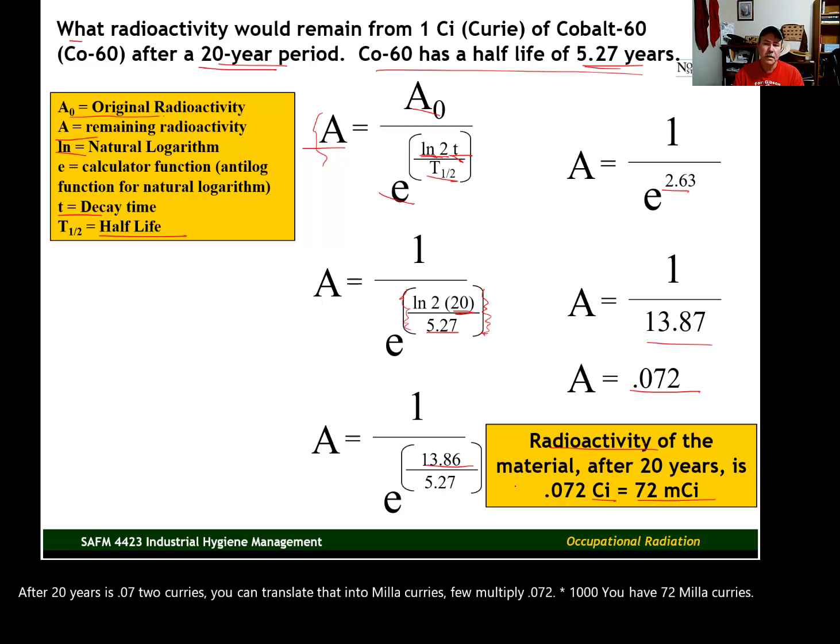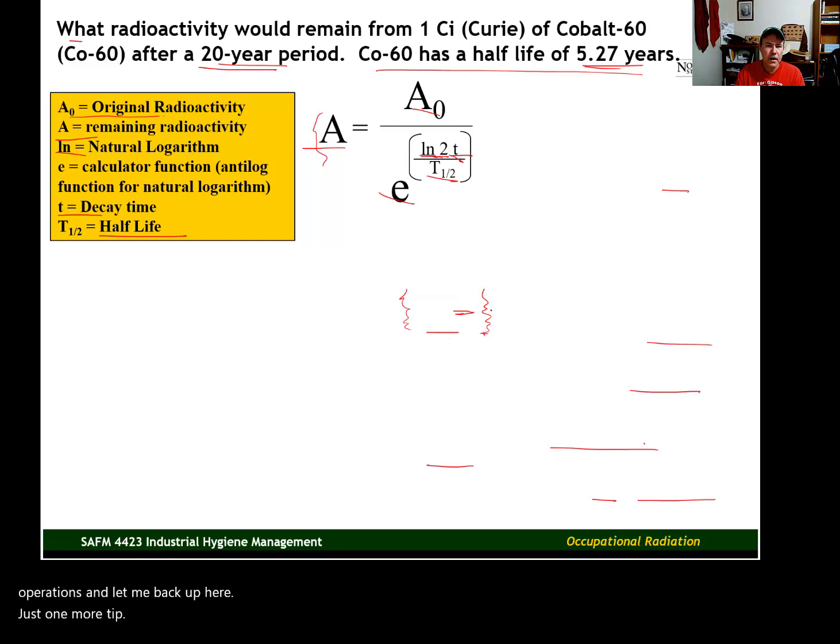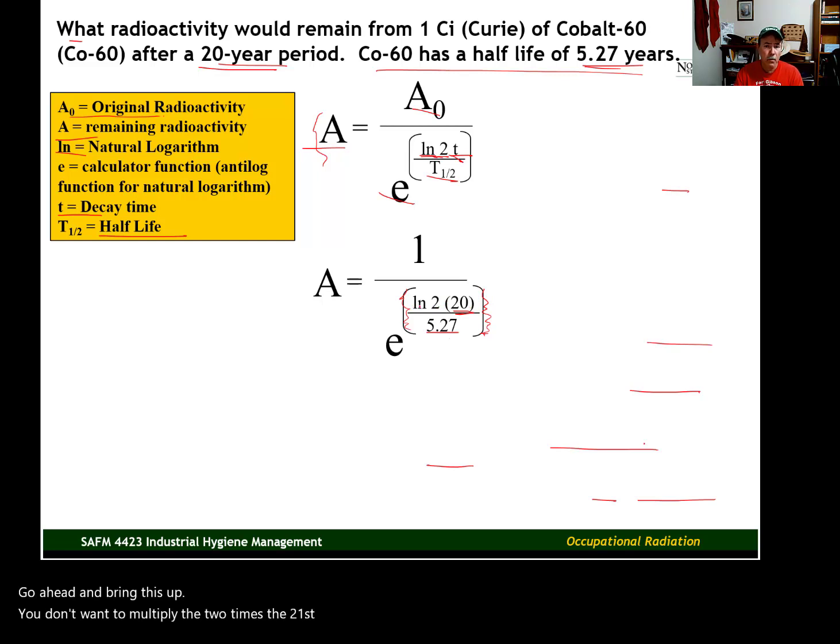So that's pretty much it. It's simple. The calculator is probably the biggest issue, and making sure you follow the order of operations. Let me back up here. Just one more tip. You don't want to multiply the 2 times the 20 first. Go from left to right: natural logarithm of 2, do that, then multiply that times 20.